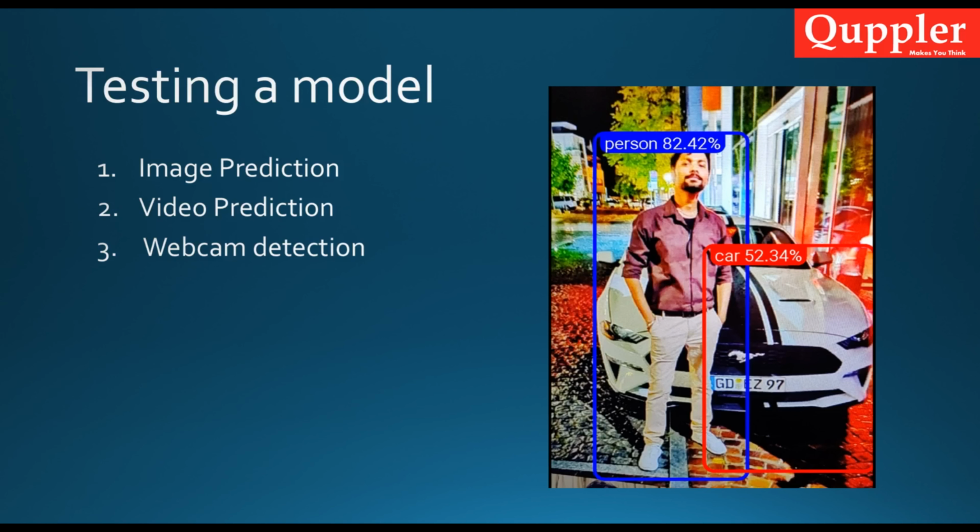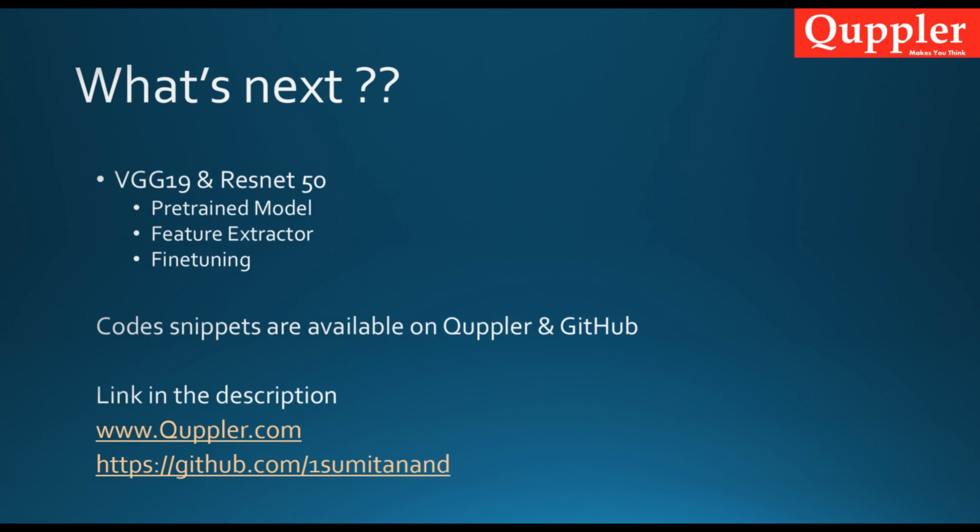So we are done with this particular VGG16 model. Next would be learning about VGG19 and ResNet 50, which are the top two models of Keras. There also we will have the same pre-trained model feature extraction and fine tuning, which would go along with VGG19 and ResNet 50.